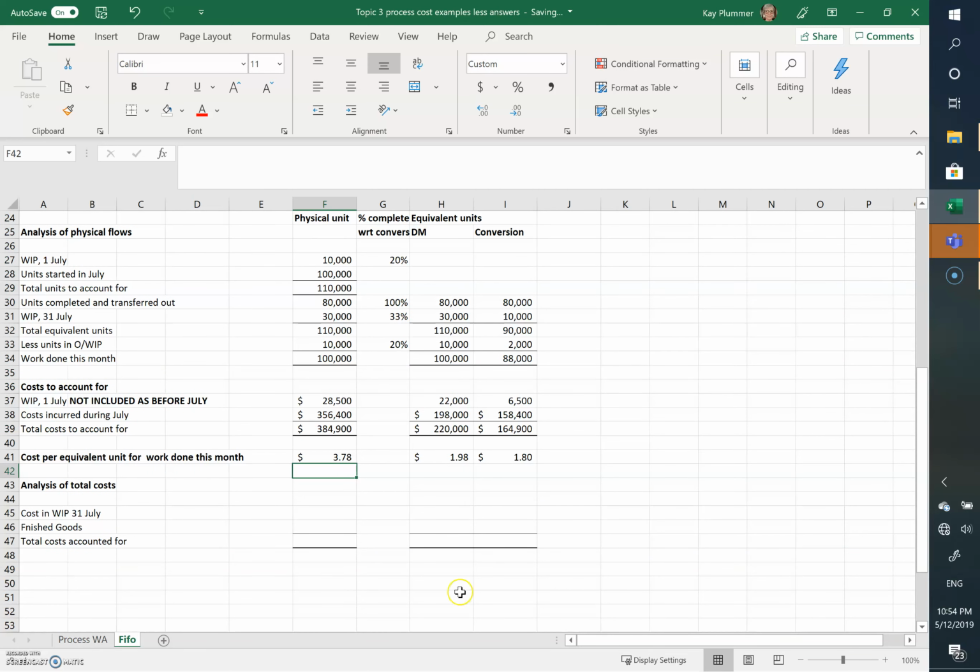So now let's see how this flows through to our analysis of total costs.